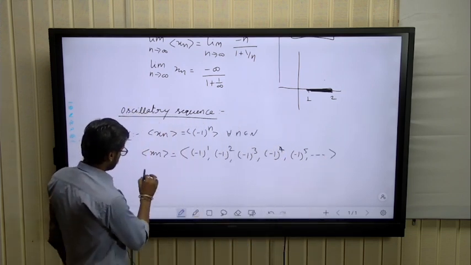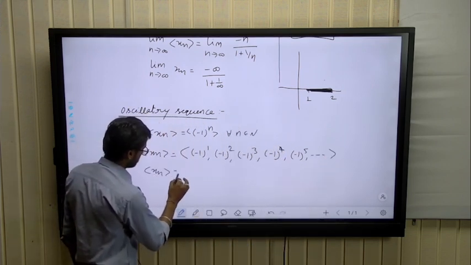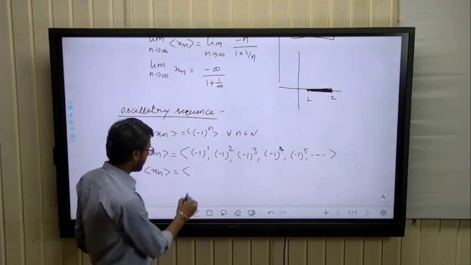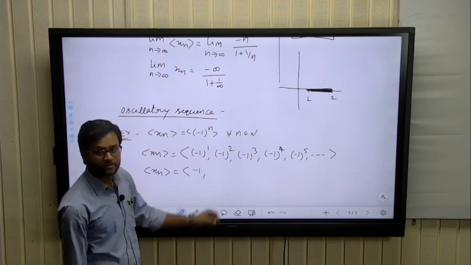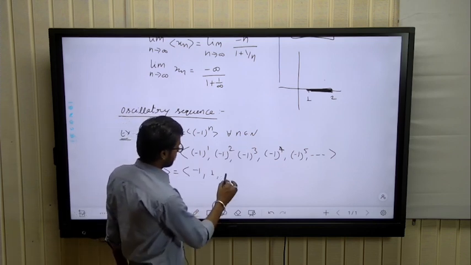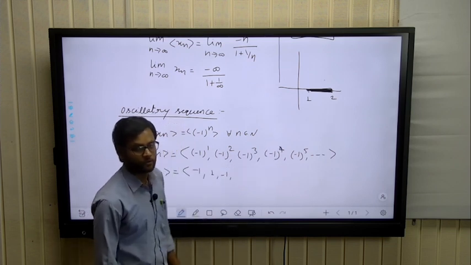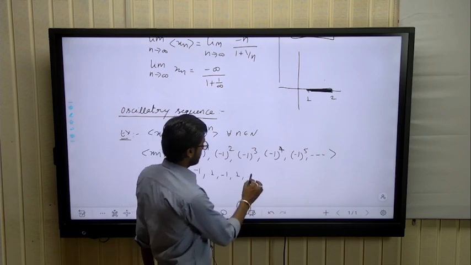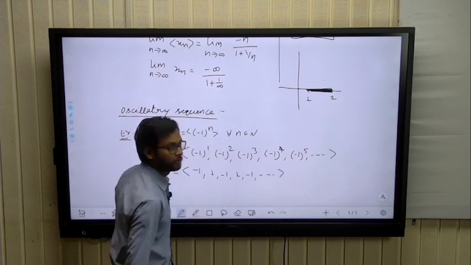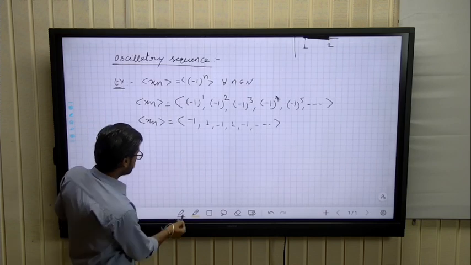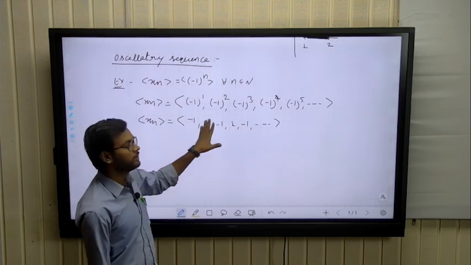So the terms of the sequence are: minus 1, 1, minus 1, 1, minus 1, and so on. Now here you notice that the terms of the sequence lie between minus 1 and 1.